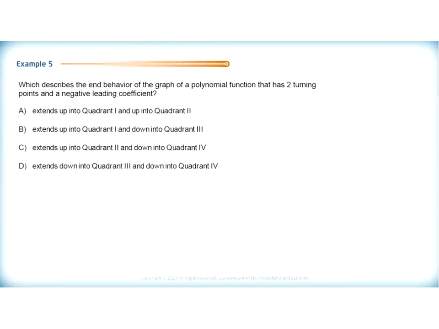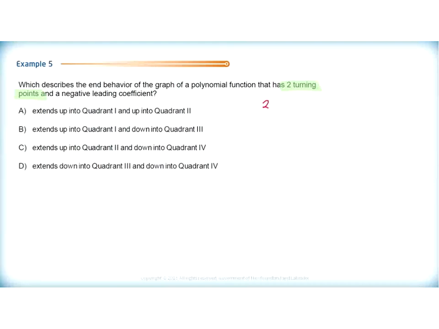Another example, which describes the end behavior of the graph of a polynomial function that has two turning points and a negative leading coefficient. When we talk about two turning points, the maximum number of turning points that a polynomial function can have will always be one less than the degree.